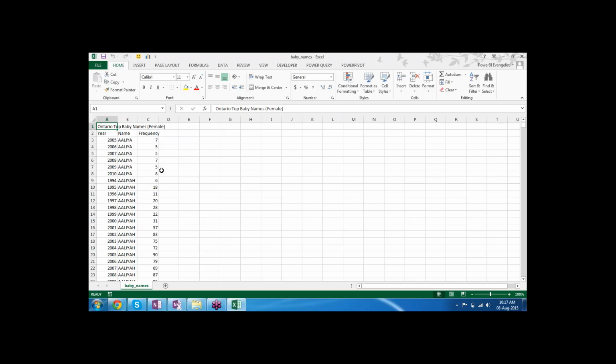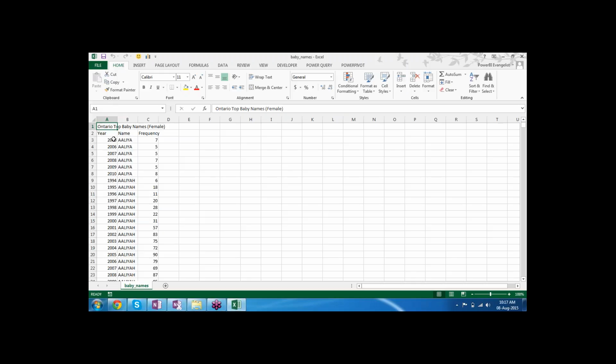This is part of a census that was conducted in one of the provinces of Canada, which is Ontario. This census was done for female children, and this is what the output is. This is what census data is all about.